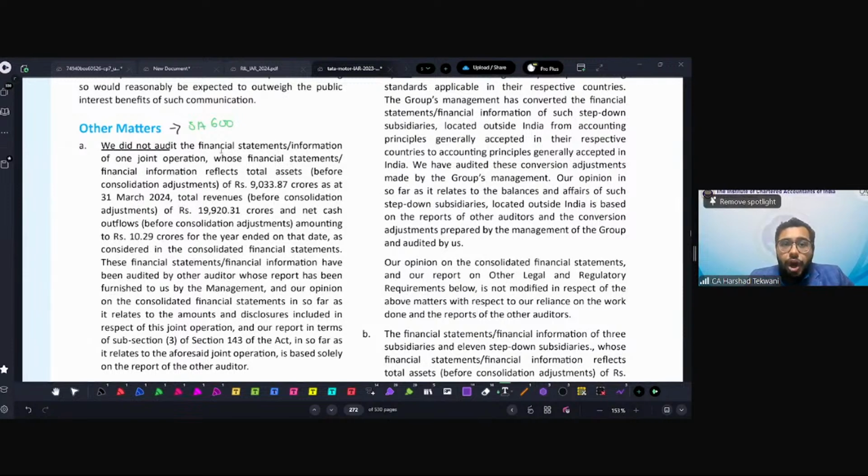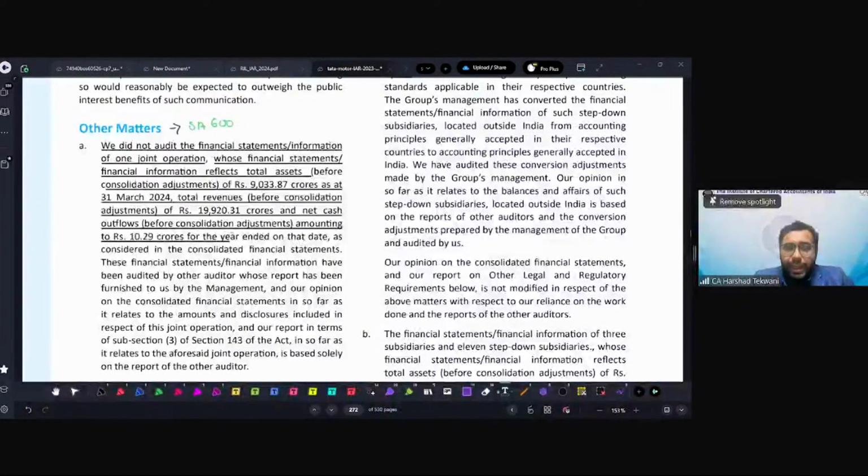We did not audit the financial statement information of one joint operation whose financial information reflects total assets of rupees this as at March 2024, total revenue of this, and net cash outflow of this for the year ended on that date.